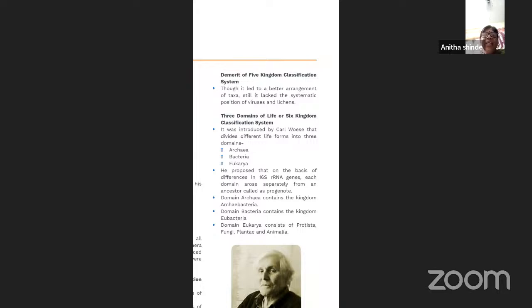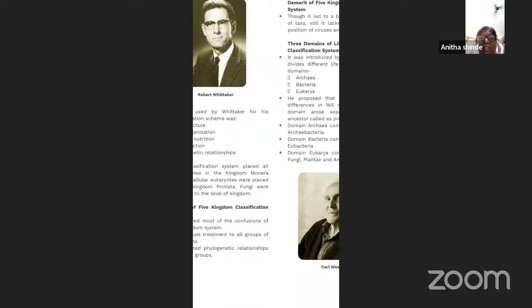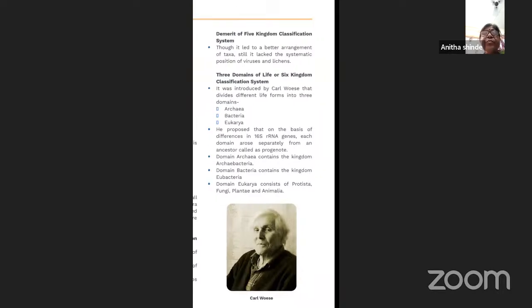So domain archaea will contain the kingdom Archaebacteria. Bacteria contains the kingdom Eubacteria. And eukarya will contain all Protista, fungi, plantae, as well as animalia. That is how this is called the 3 domains of life, or you can also call it the 6 kingdom classification system. This was given by Carl Woese.